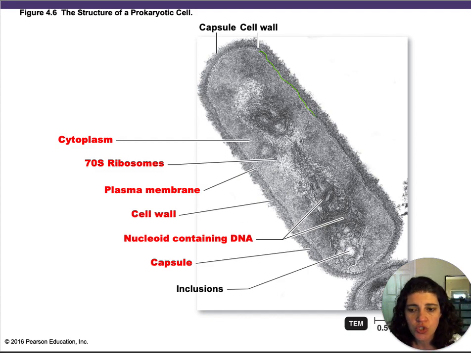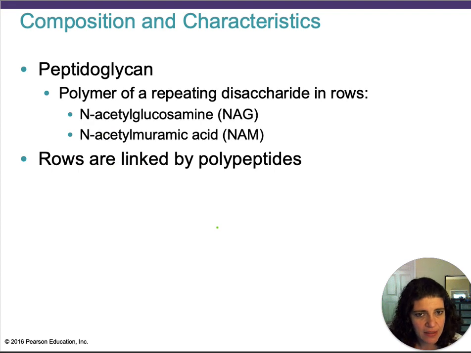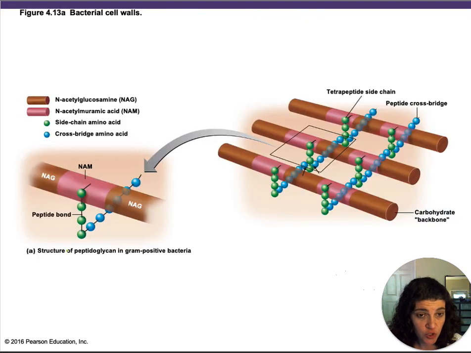Cool. So what is the peptidoglycan? The peptidoglycan is a sugar mixed with pieces of protein. So what you have here is two different sugars called N-acetylglucosamine and N-acetylmuramic acid, NAG and NAM, that form what I like to call this brown and pink structure. I call it a candy cane.